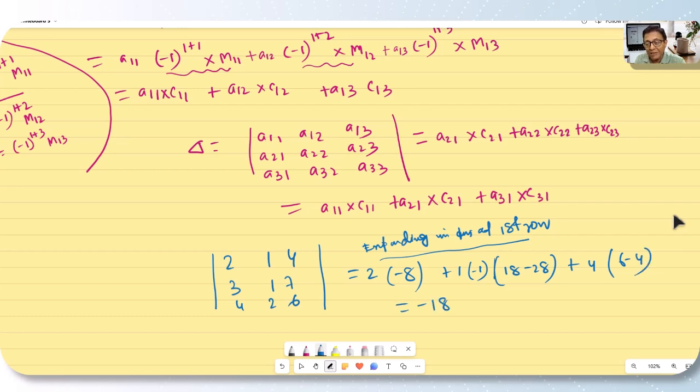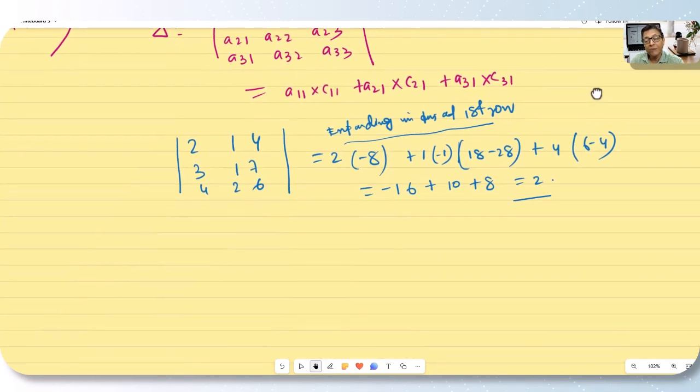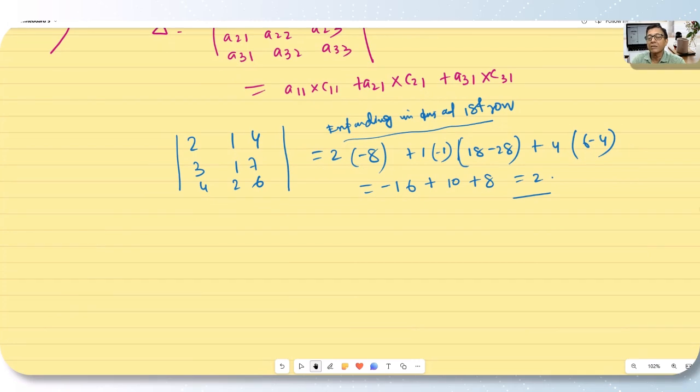The value is minus 16 here, and this is 10 plus 10 and 8. So the value is 2. When we expand in terms of the first row, we get this.